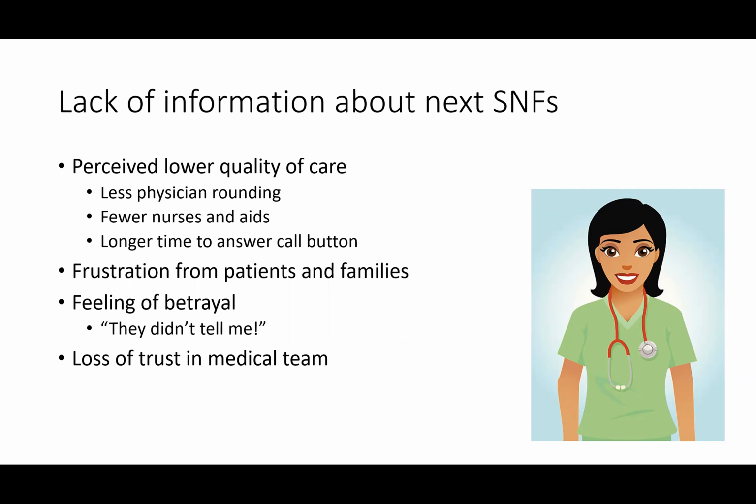When I get home, will it be too late to make dinner? Or, where do I get my medications before I go? And so information about the next steps is really important. I think this was my way to say that lack of information about SNFs is a big deal. Like I mentioned before, oftentimes we refer to SNFs as a big black box.